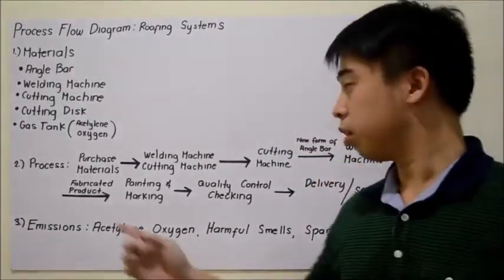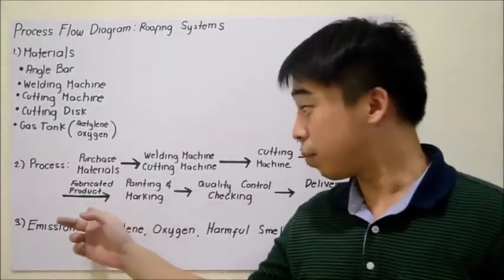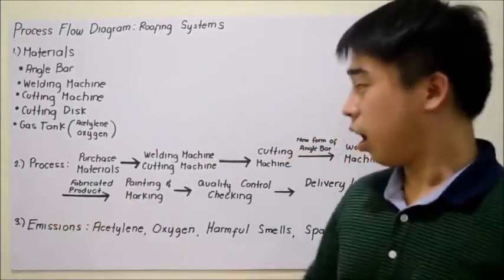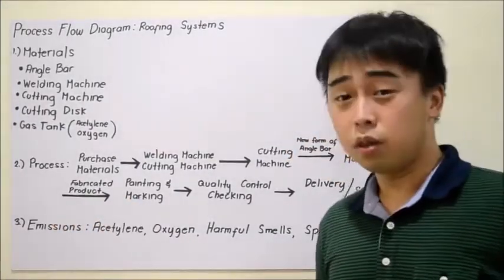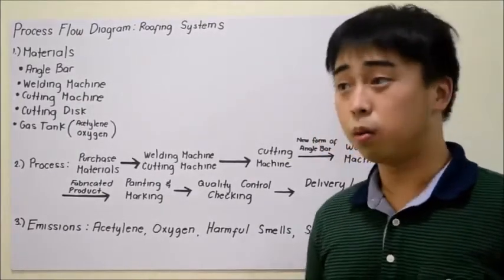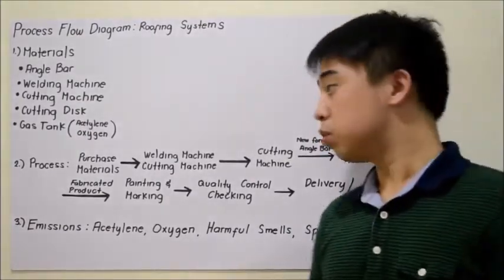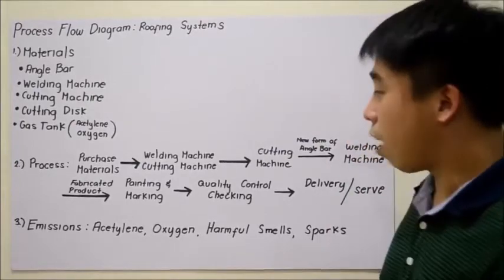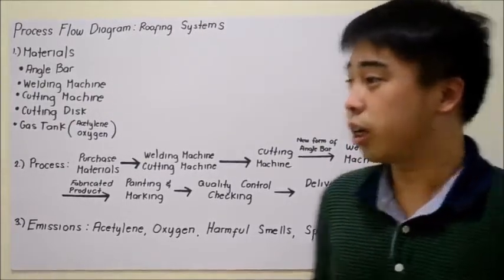After you weld it, you already have the fabricated product. And after you have the fabricated product, it depends on you if you want to paint it or put marks on it. After that, the quality control checking.